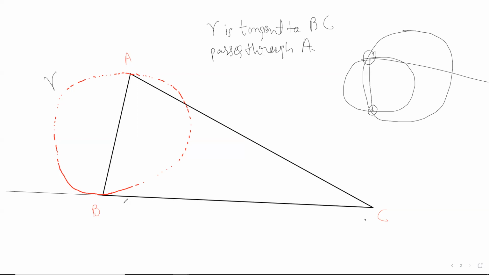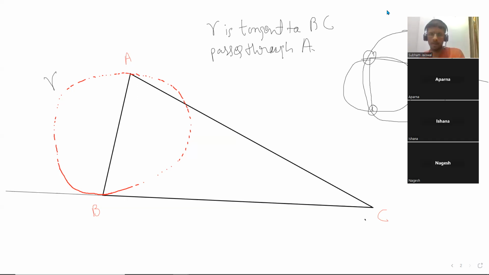Yes, sorry about the long delay. So why is it unique? That's a problem on its own, right? Sir, can we say that there can be only one unique circle drawn such that it's tangential to the side BC, like it needs to be a 90-degree angle?